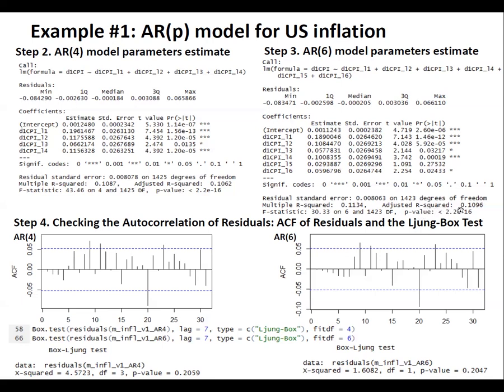R-squared adjusted. But still, in autoregressive models, this is not the main criterion for making a decision. That is, based on R-squared adjusted, one cannot say that the AR6 model is better than the AR4 model. The main criterion is the autocorrelation of residuals.